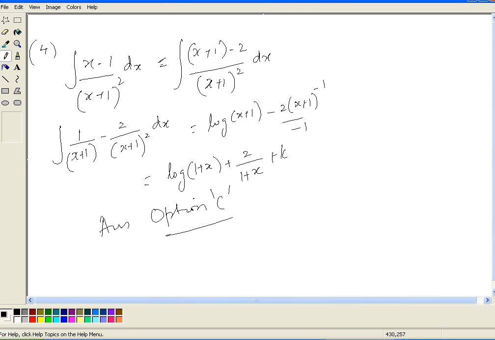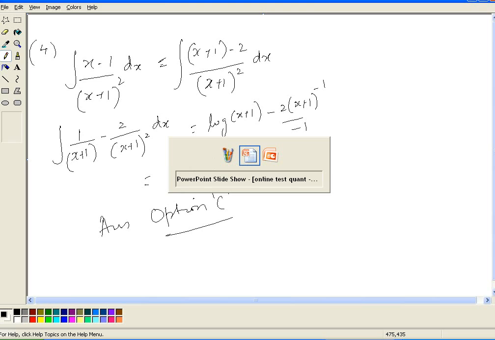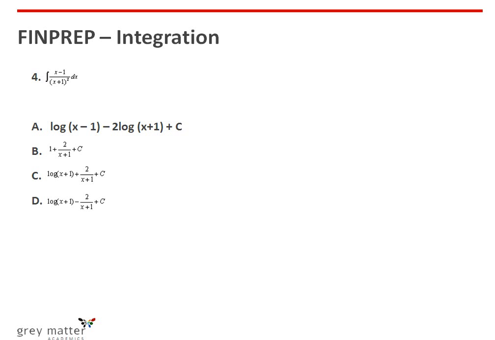Integrating 1 by x plus 1 results in log of x plus 1, and 2 by x plus 1 whole squared, on integration, leaves you minus 2 power x plus 1 minus 1 divided by minus 1. So the net answer is log of 1 plus x plus 2 by 1 plus x plus k. So the answer is option C. Going to our PowerPoint projection, it is option C, which says log of x plus 1 plus 2 by x plus 1 plus c.